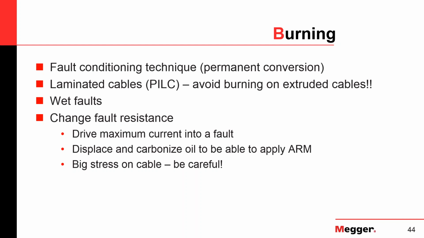You displace the oil, you introduce carbon, you reduce the resistance, and then you can apply the arc reflection method. Therefore, this is a typical PILC fault locating technique. It is not for plastic cables.